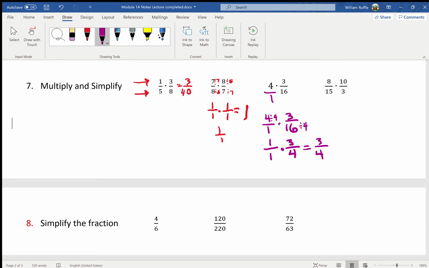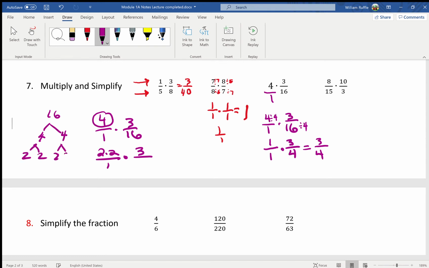Now, on a side note here, I'll write this over on the side here. So 4 over 1 times 3 over 16. What the computer will want you to do is break this into prime factorization. So 4 is really 2 times 2 over 1 times 3. Now 16, you'd have to break into 4s, and then 2, 2, 2, 2.